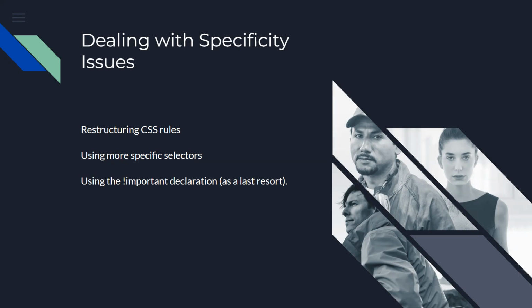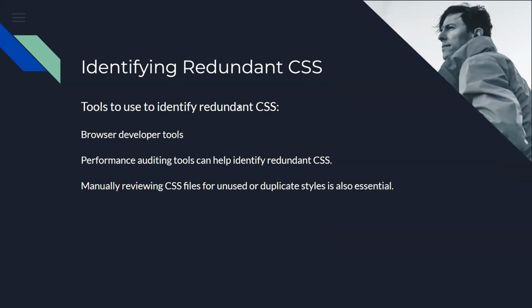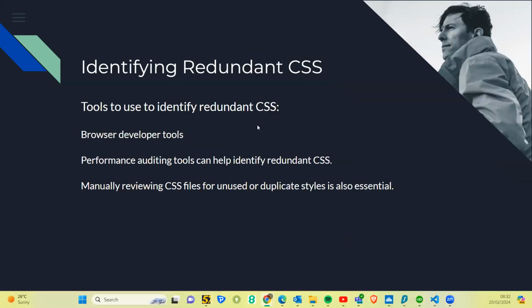Now, the important declaration is not common practice. Actually, we advise not to use this on a regular basis, or to try our best not to use it at all.